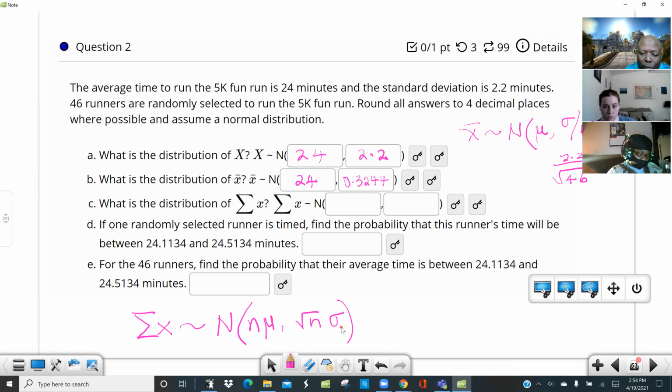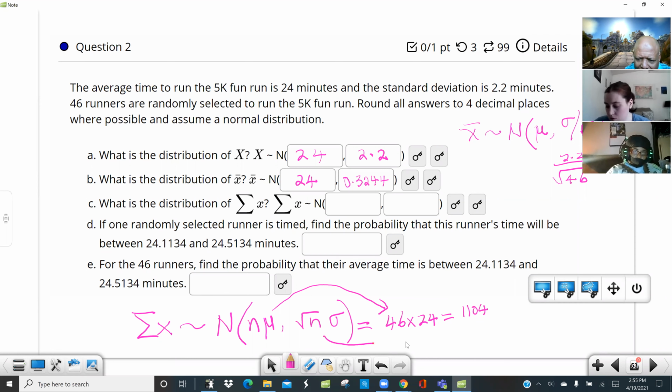So n times mu means you multiply n, the sample size, by the mean. N is 46 times 24. 46 times 24 is 1104.